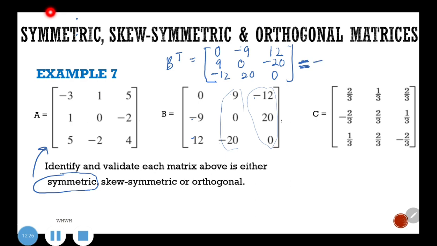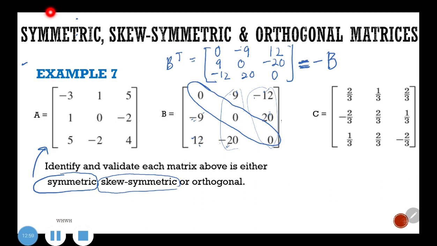So maknanya B transpose is equals to negative B. So from the definition, it is skew symmetric, kan? Kalau kita tengok ni, the diagonal part dia masih lagi sama, cumanya is opposite sign. So matrix B is a skew matrix.